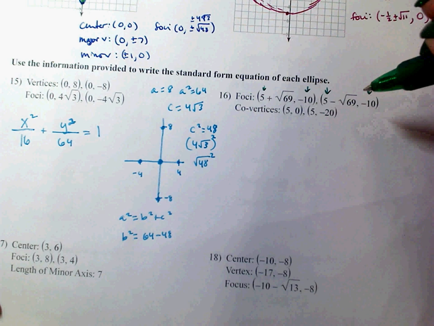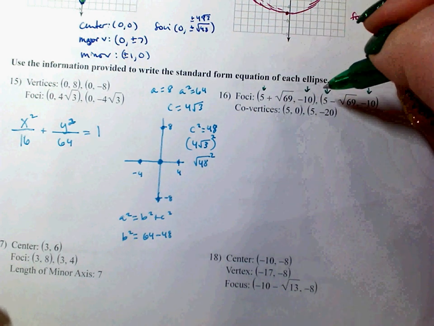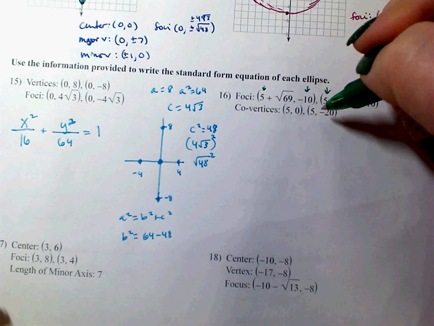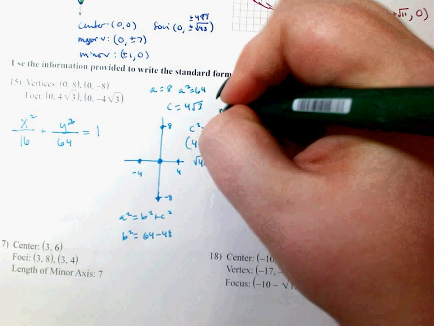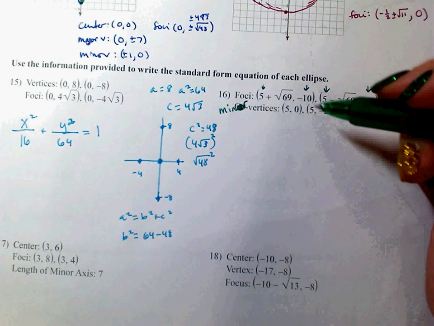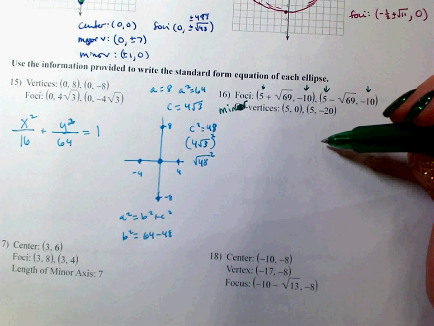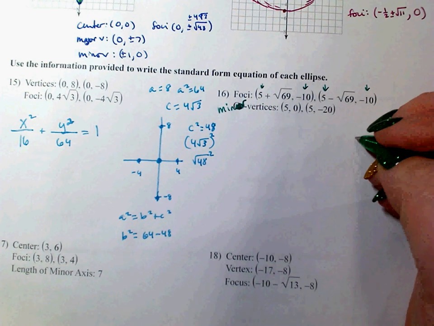Now I could also figure that out just by using this. My co-vertices are my minor axis. My minor vertices are at 5, 0, and 5, negative 20.